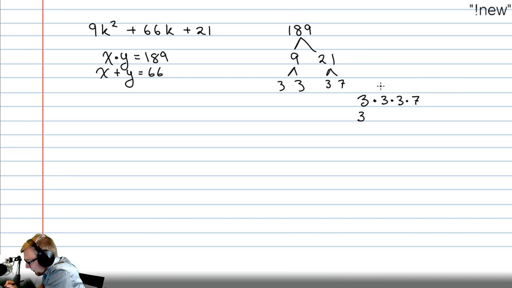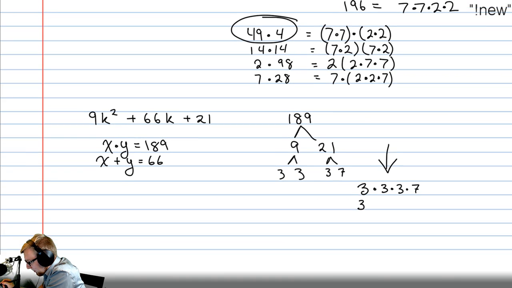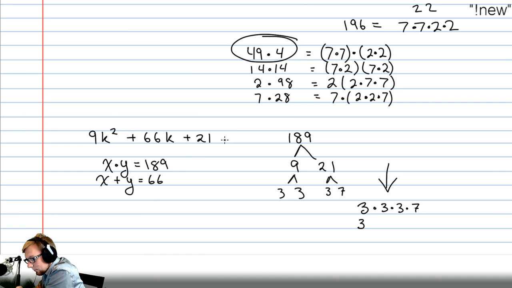If you're looking on the right here, these are all your factors. You need to group them into two numbers that will multiply together to give you 189. So, like this one up above, you see how I grouped 7 and 7 together and 2 and 2 together? 7 and 2 and 7 and 2.